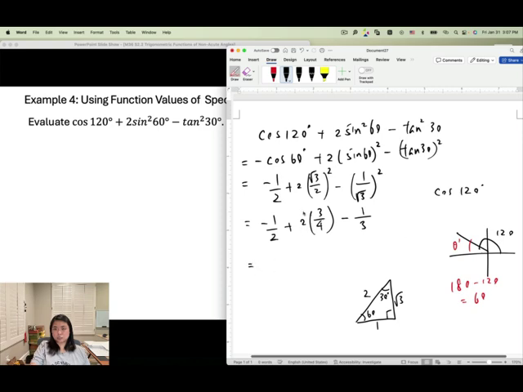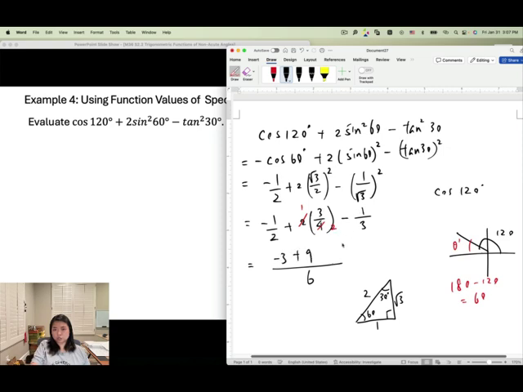Okay, simplify it. Divided by 2, divided by 2. Then get the same denominator, which is going to be 6. So you times 3 here, you times 3 here. You times 3 here, you times 3 here.